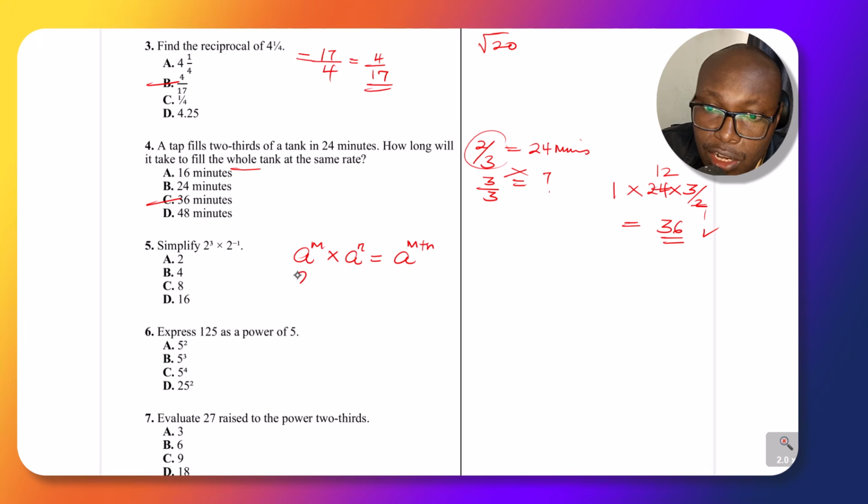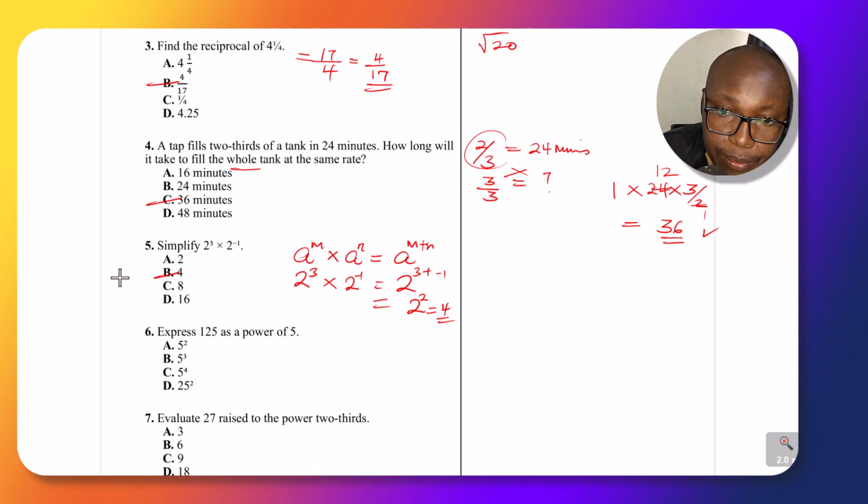So in this case you have 2 power 3 and then 2 power negative 1. Applying this law, we have 3 plus negative 1, that would be 3 minus 1, which is 2, and 2 squared is 4. So the solution there is B.